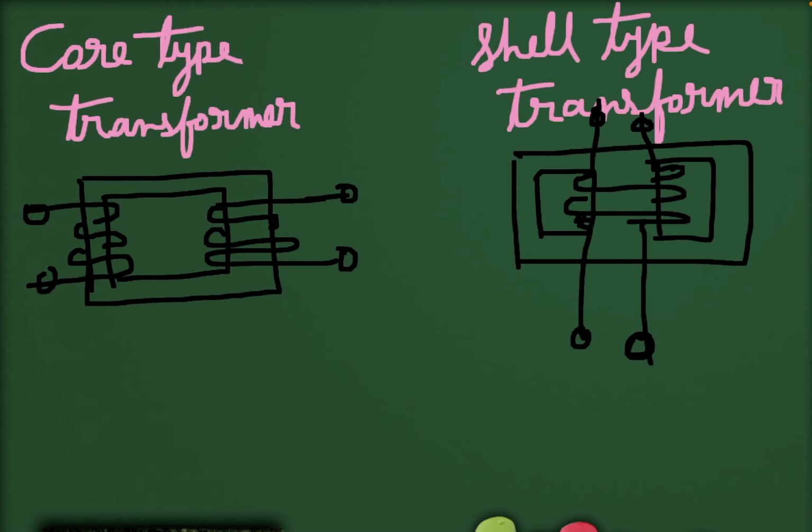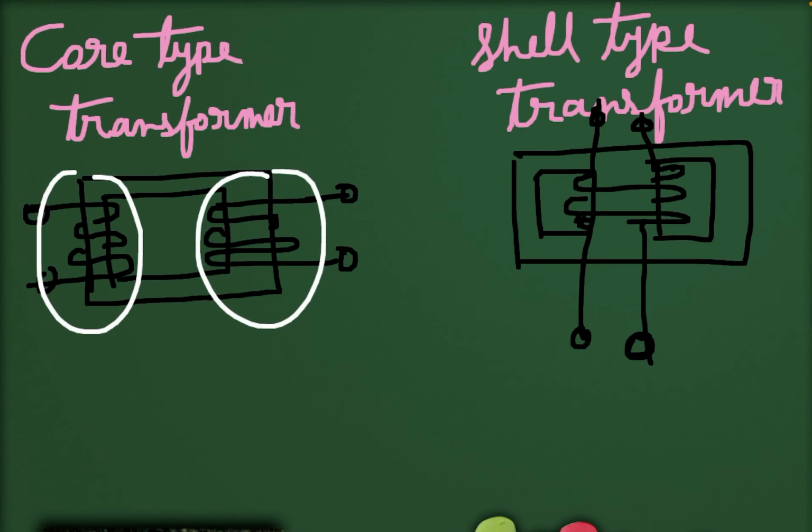Here in the core type transformer the winding surrounds the core, while in the case of shell type transformer the core is surrounded by the windings. So that is the shell type transformer.